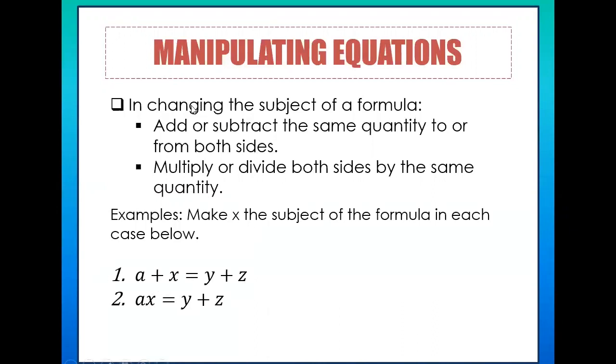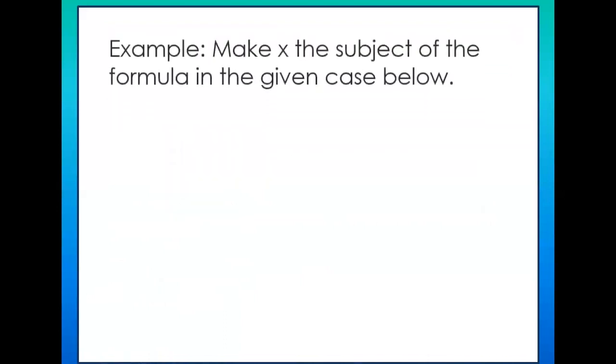Are we going to add or subtract the same quantity on both sides of the equation, or are we going to multiply or divide the same quantity on both sides of the equation? Now, to further intensify that part, let's move to number 1.